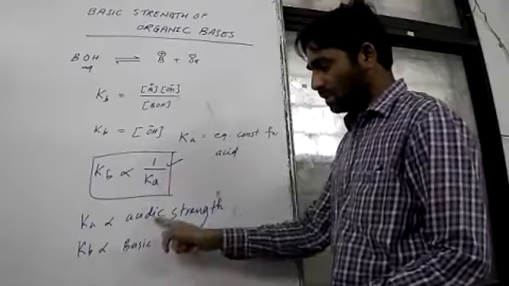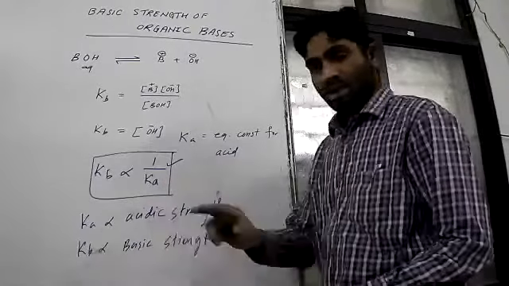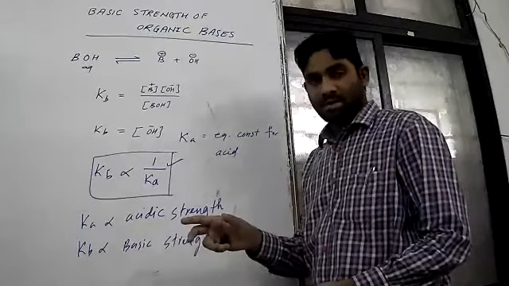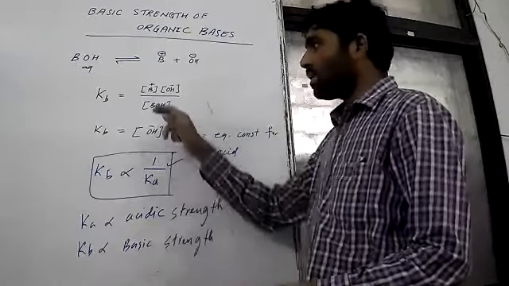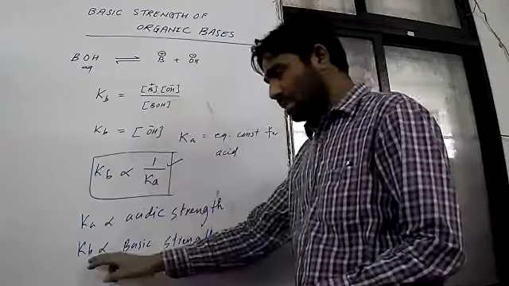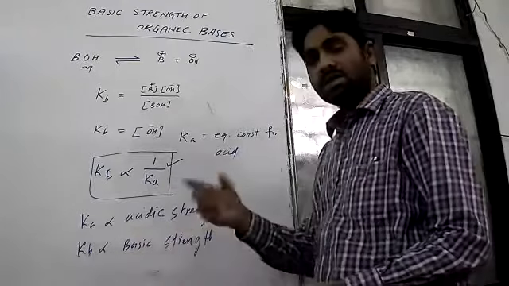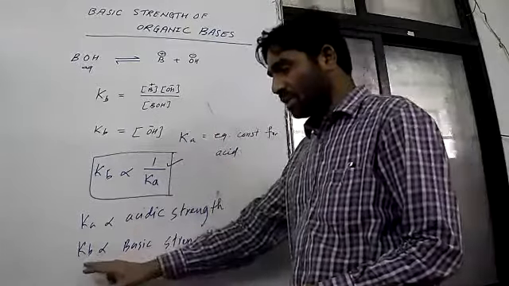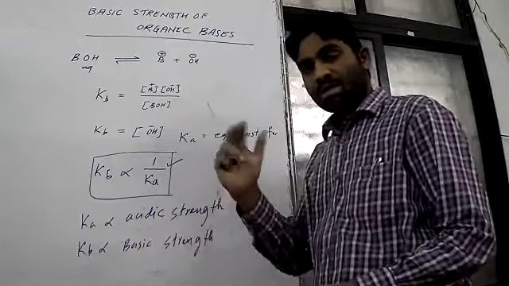If the Kb value is higher, basic strength will be higher. We are talking about bases. If two values are given for Kb, the higher Kb is the strong base.